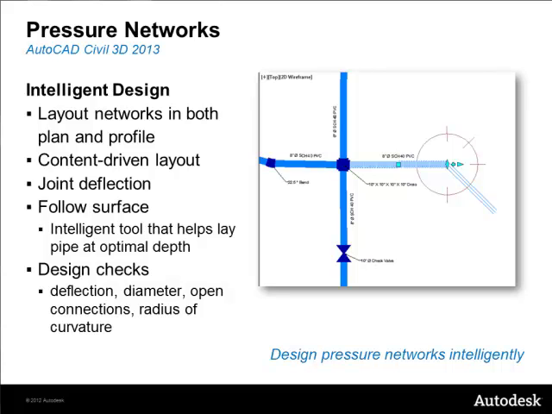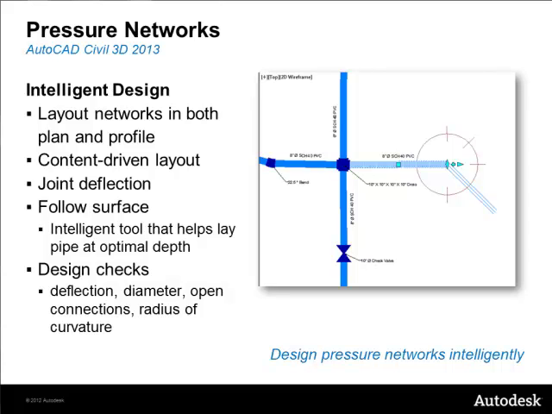The new Pressure Networks tool in Civil 3D 2013 helps streamline the design process. You can create your pressure network in either plan or profile and take advantage of content-driven layout tools that understand how pressure networks fit together.